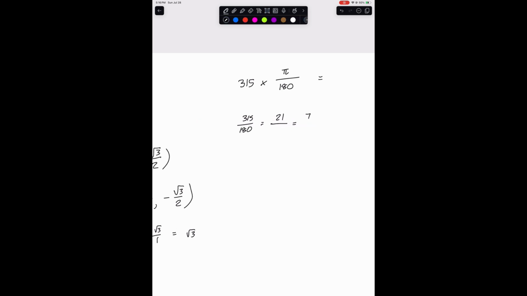Trying to think. We'll just work it out. So 315 divided by 15.